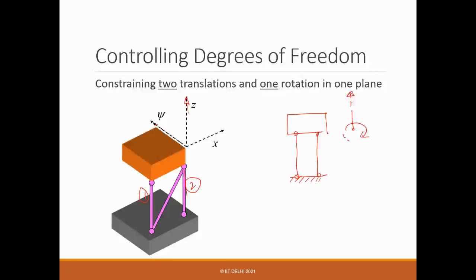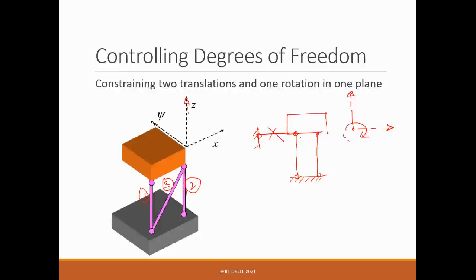But what I want to have is I also want to have this constraint, the translation constraint. So what I can have is this constraint along this also. So this is nice, but now we are claiming that this is as good as this. Why?